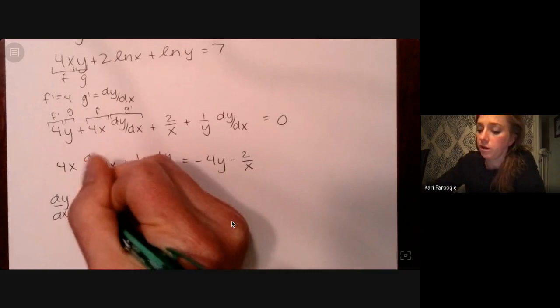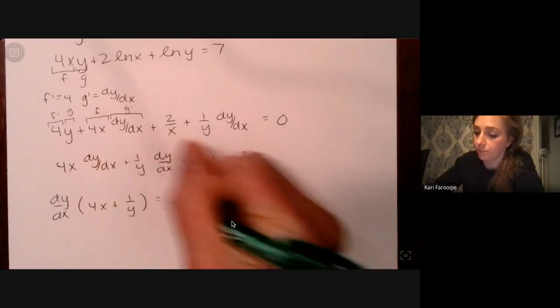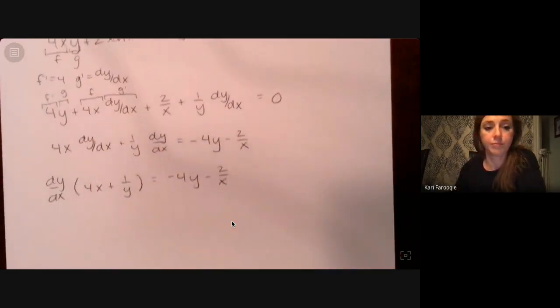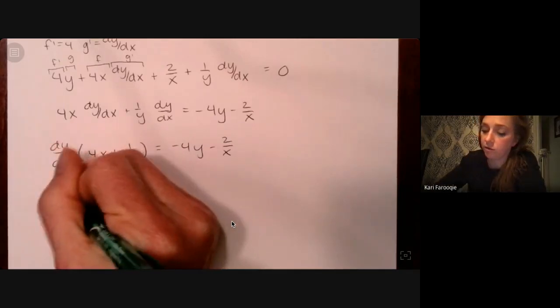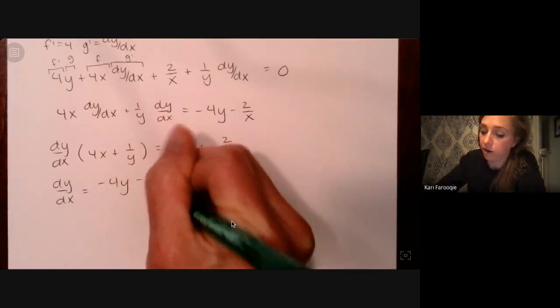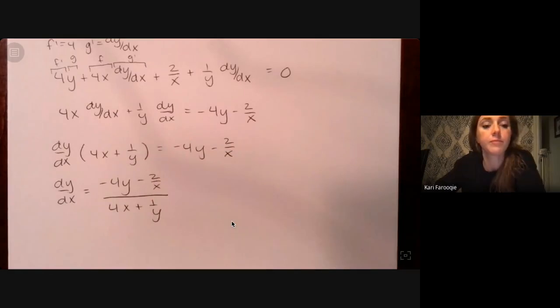Factor out your dy dx. And then divide to solve for dy dx. So we'll have negative 4y minus 2 over x divided by 4x plus 1 over y.